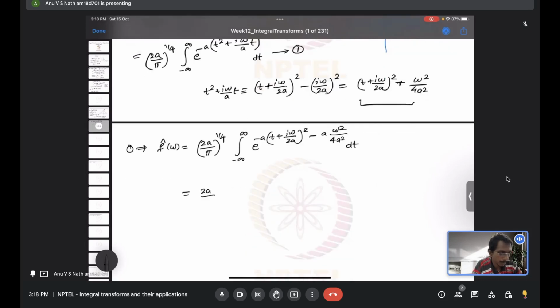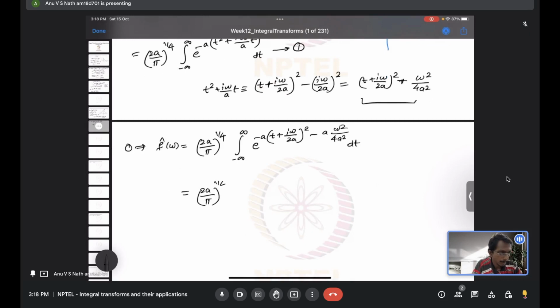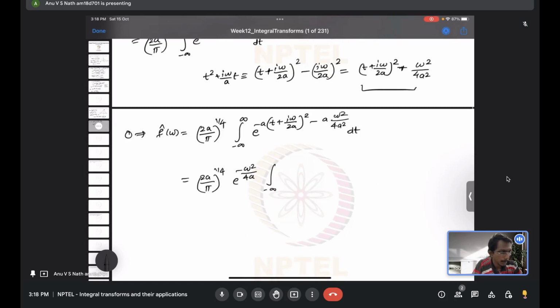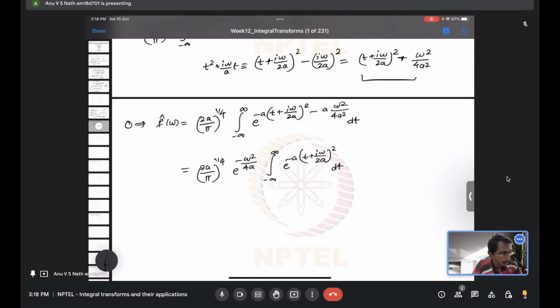Now we take the constant again outside. We have an exponential constant appearing, which is e raised to minus omega square by 4a. So we take that outside. Now the integral from minus infinity to plus infinity of e raised to minus a times t plus i omega by 2a the whole square dt. Remember, the integral of e raised to minus a x square dx from minus infinity to plus infinity is the square root of pi by a.